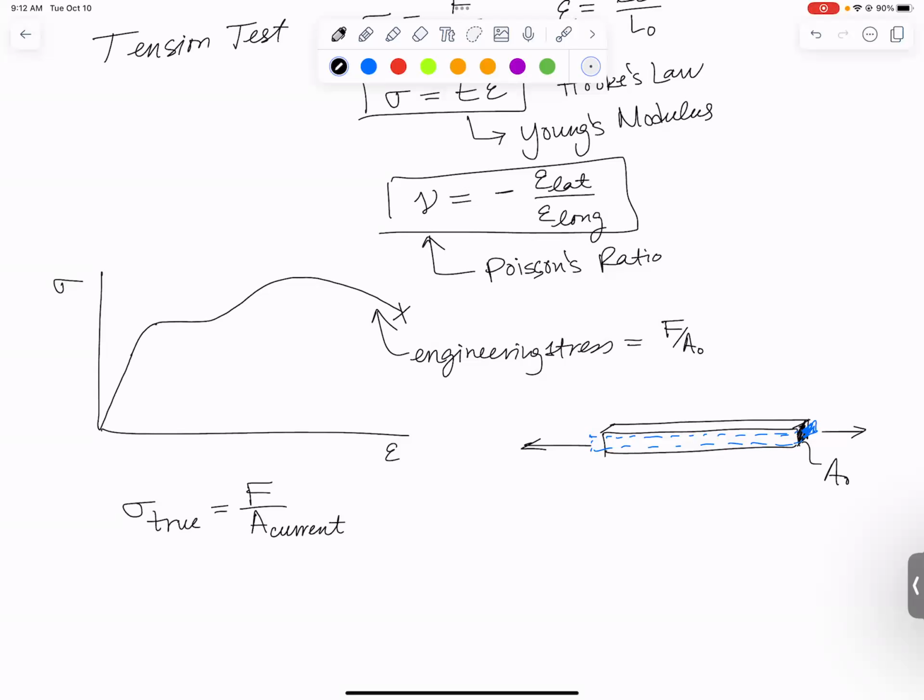And I want to show you what happens when we do that. Let's plot it in blue. Instead of decreasing, it actually keeps increasing because that area is getting smaller, and area is on the bottom of the fraction, so that actually shoots the stress up higher. So this guy is the way true stress would actually behave.